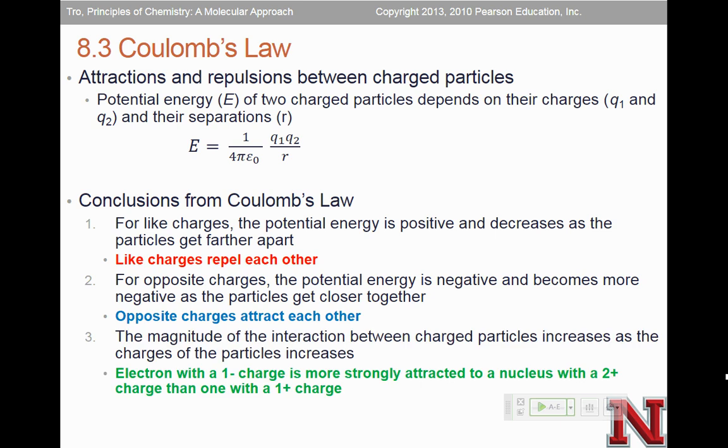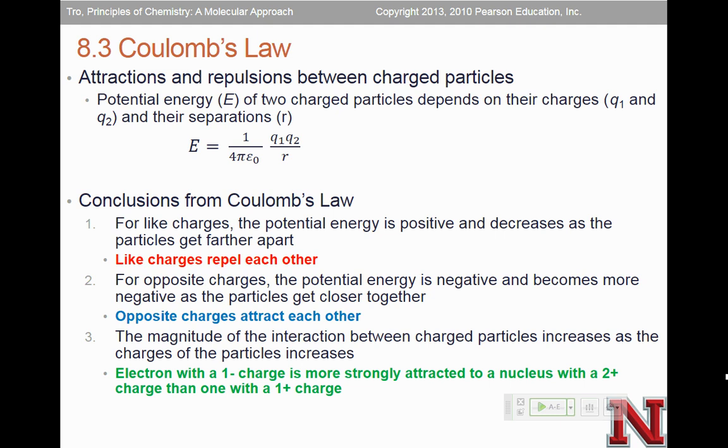The third thing is the magnitude of the interaction between charged particles increases as the charges of the particles increase. So an electron with a 1- charge is more strongly attracted to a nucleus with a 2+ charge because the 2+ charge is bigger. Now remember, one electron always has one negative charge, but our nucleus can have multiple protons in the center.